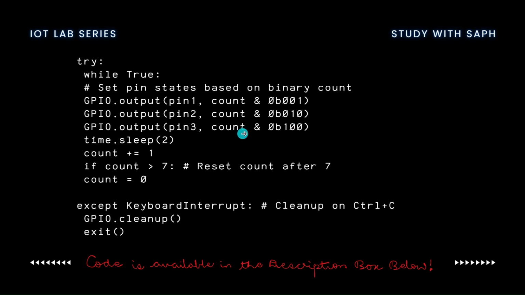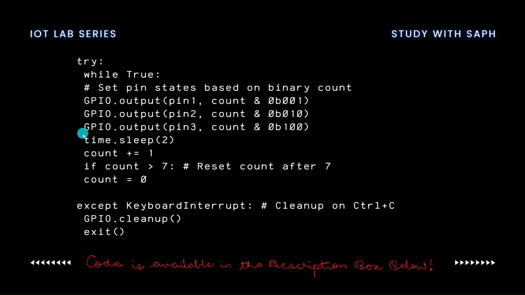Finally, when we come to 100 and the count value is also 4, performing bitwise AND, the MSB position LED will turn out to be true, and hence the pin 3 GPIO, which is connected to the LED L2, will turn on.